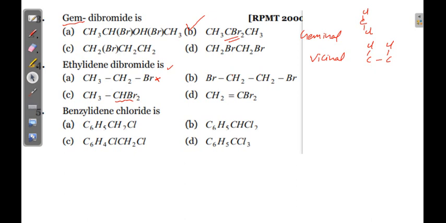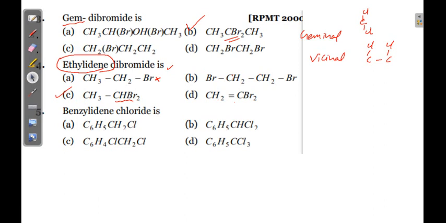Two carbons are there, so this is called ethylidene. This one here, alkene is there. When two halogens are on the same carbon, that is called ethylidene. This is a direct question.